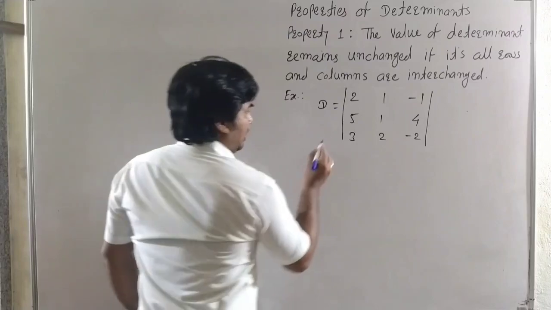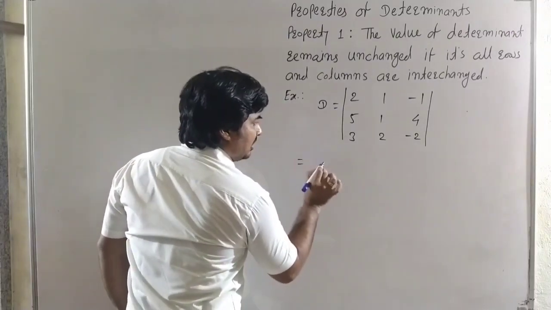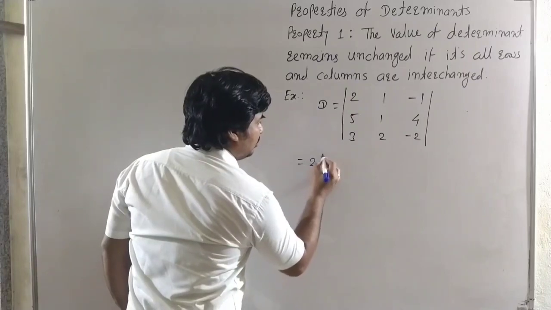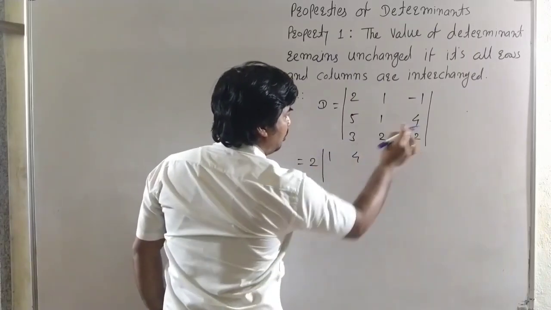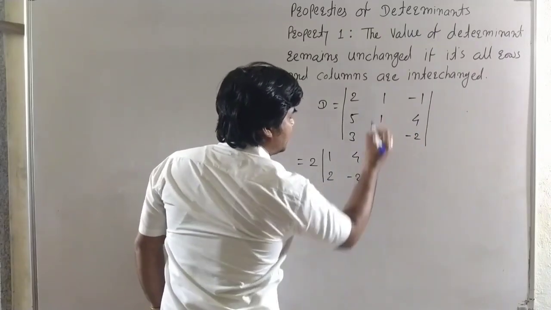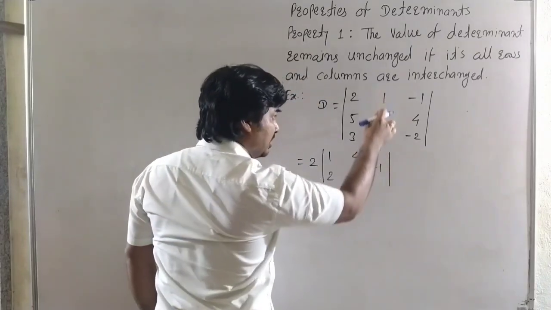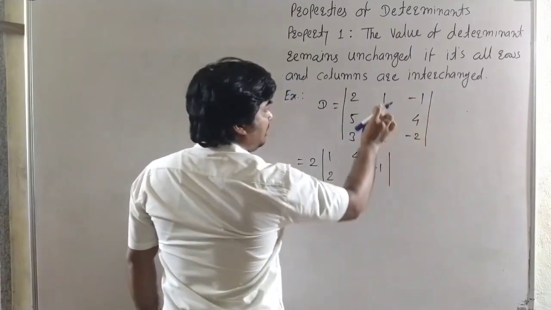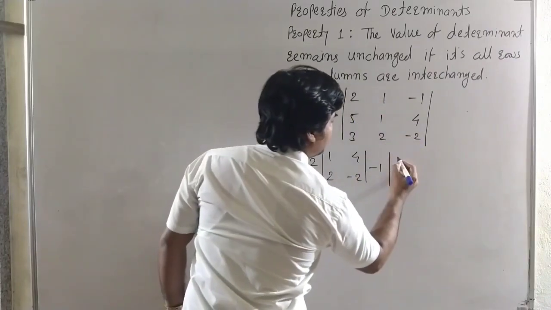Here we can find the determinant. This step is not necessary to write. We can write 2 into determinant of 1, 4, 2, minus 2. Change the sign of the middle term, that is minus 1 into determinant of, eliminate the row and column of that element, then 5, 4, 3, minus 2.